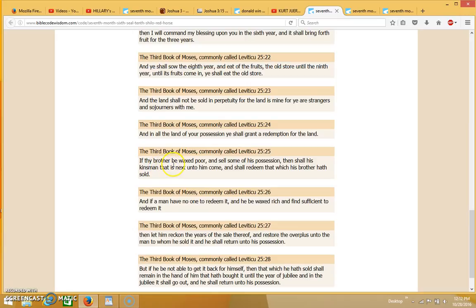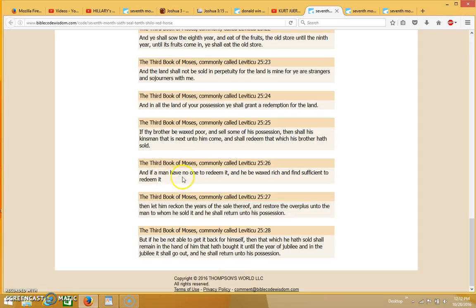And if thy brother be waxed poor, and sell some of his possession, then shall his kinsman that is next to him, and shall redeem that which his brother hath sold. And if a man have no one to redeem it, and he be waxed rich, and find sufficient to redeem it, then let him reckon the years of the sale thereof, and restore the overplus unto the man to whom he sold it, and he shall return unto his possession.